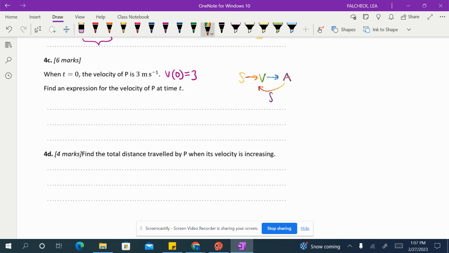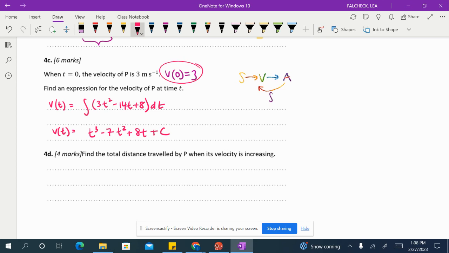So let's go ahead and integrate that acceleration in order to find the velocity function. So we would get v of t is equal to t cubed minus 2t squared plus 8t plus c. Don't forget that plus c. They gave us this piece of information so that way we could find out what c is. So v of 0 is supposed to be equal to 3.